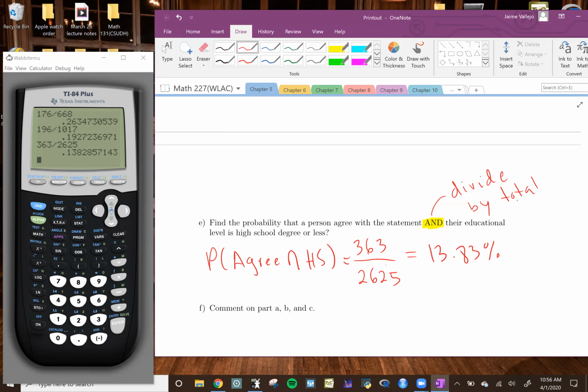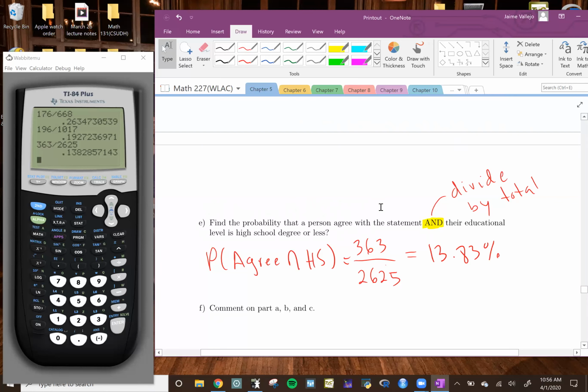All right, and that's it for E. Any question in regard to E? So you do kind of want to know the difference between a conditional probability and an and statement, because if it's a conditional probability, you divide by the condition. If it's an and statement, you divide by the total amount of people who participated in that survey.